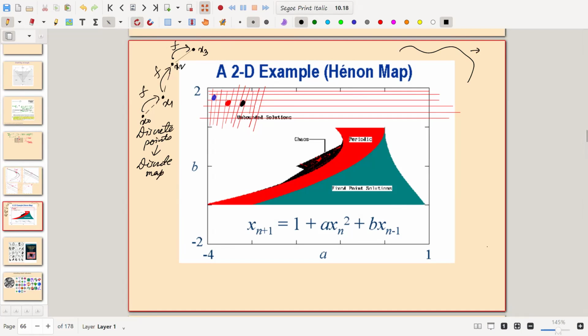Whereas this is continuous, hence you call it a flow, like 1D or 2D flow. Okay, that's the idea. So this is how computationally you can get a graph. Which parameter combination can give me a fixed point? Which can give me a periodic point? Which can give me a chaotic point, right?